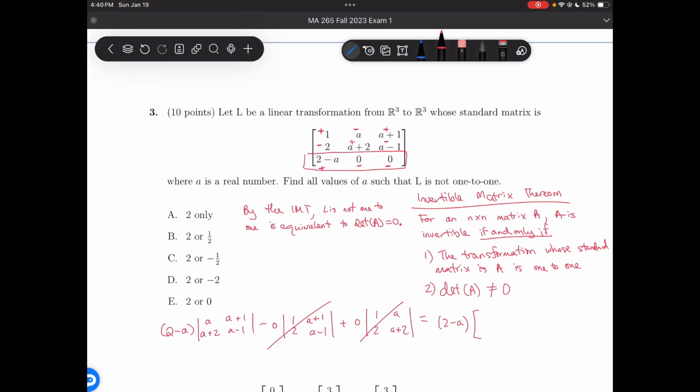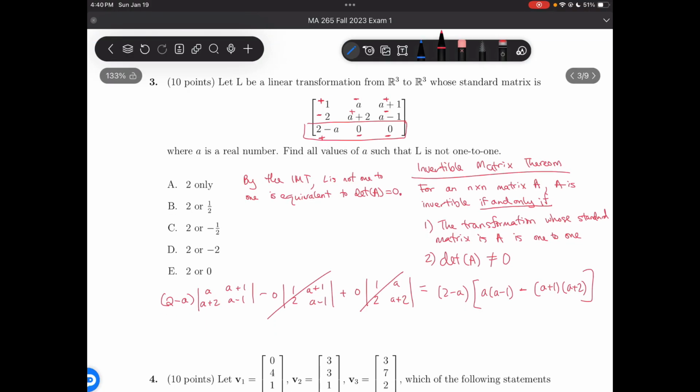The determinant of a 2x2 matrix is a lot simpler. We take the first diagonal and then subtract the second diagonal from the first diagonal. So we have A times A minus 1 minus A plus 1 times A plus 2.